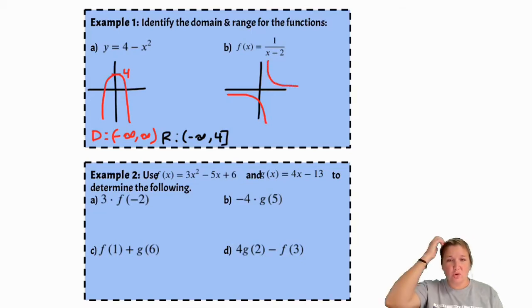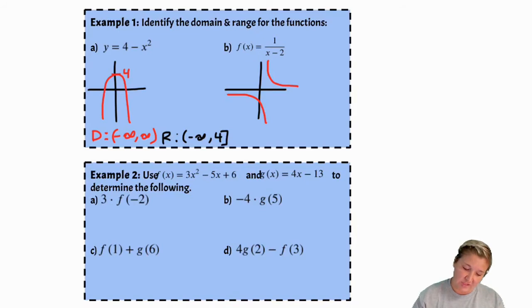Normally we see the vertical asymptote at the y-axis, but because it's shifted to the right 2 with that minus 2, we are going to see the vertical asymptote at x equal to 2, and then we have the horizontal asymptote at y equal to 0.